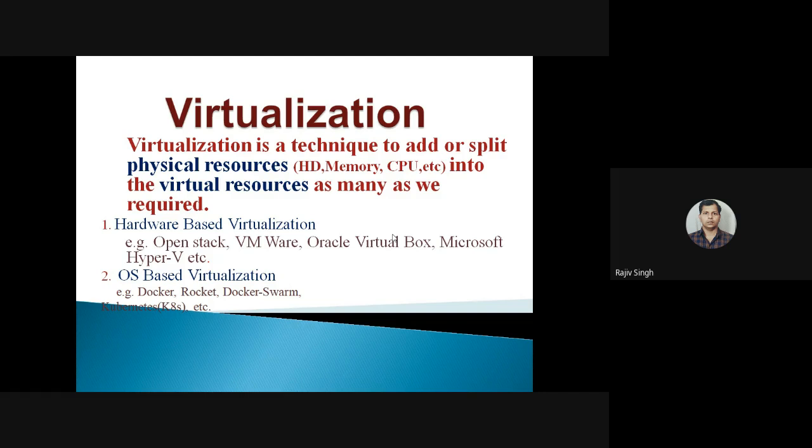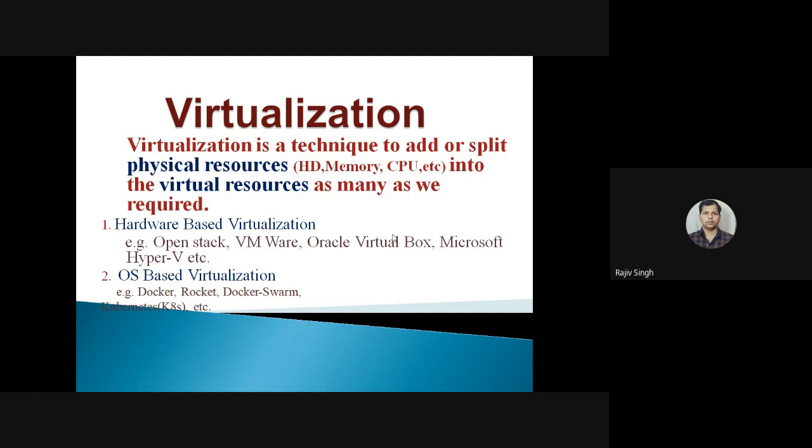So what will you do, but your requirement is 200 TB. You will purchase 50 TB hard disks, virtualize all these four 50 TB hard disks and make them a 200 TB hard disk. So this is the example of adding the resources and doing the virtualization.